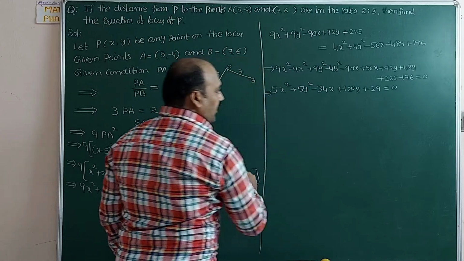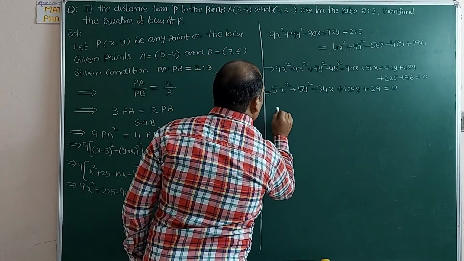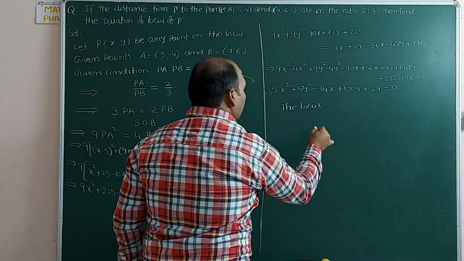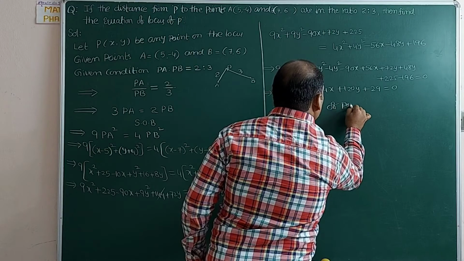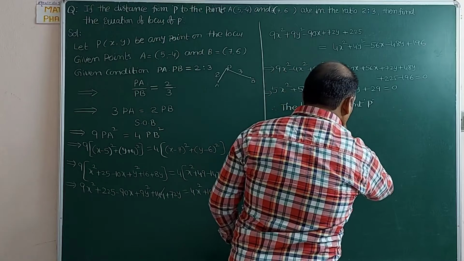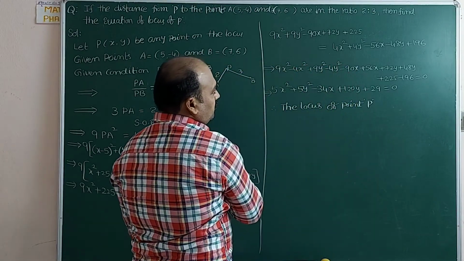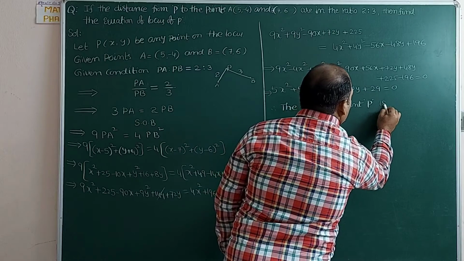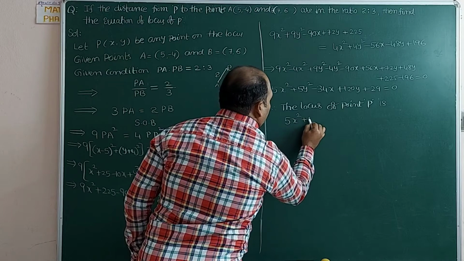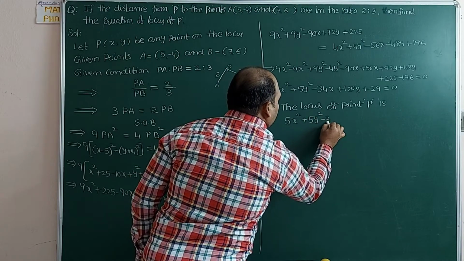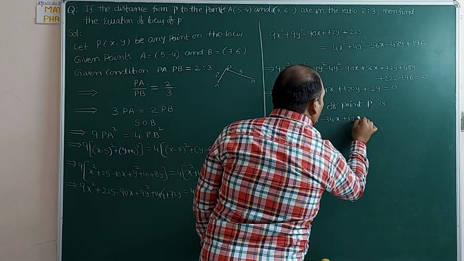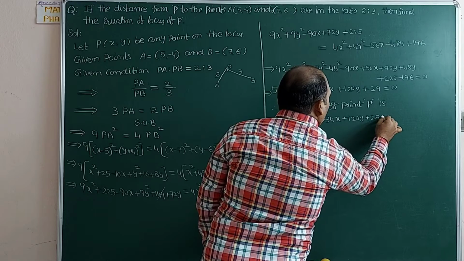Therefore, at last we write the locus of point P is 5x² + 5y² − 34x + 120y + 29 = 0.